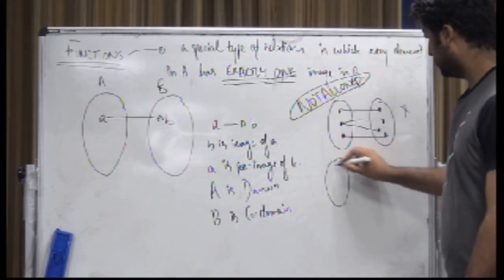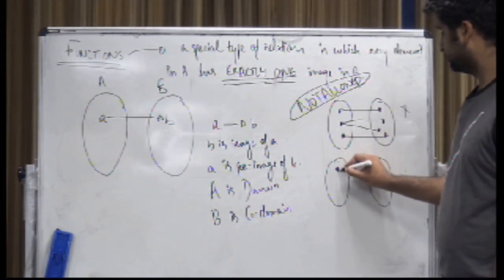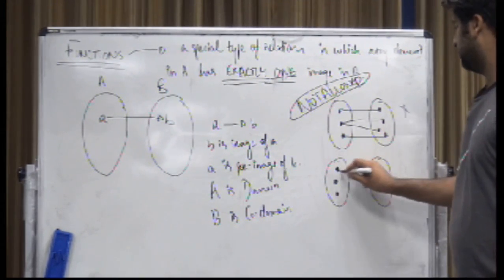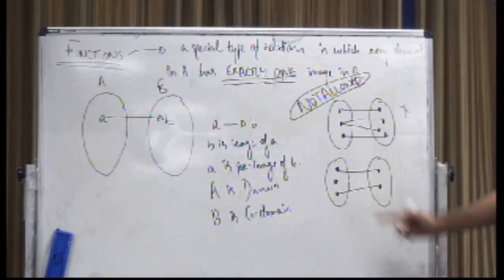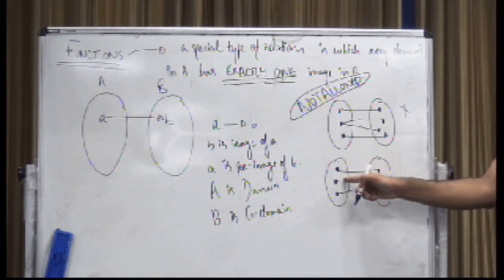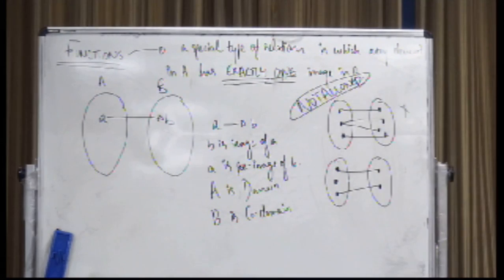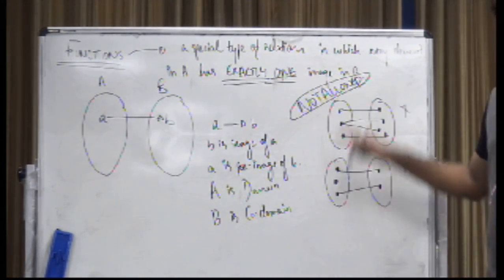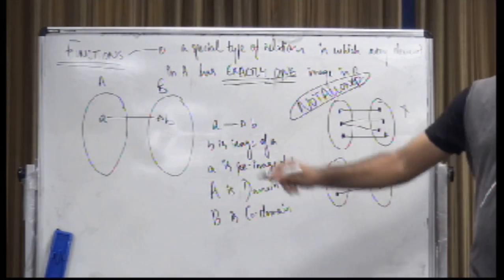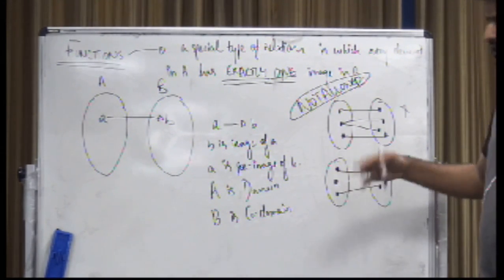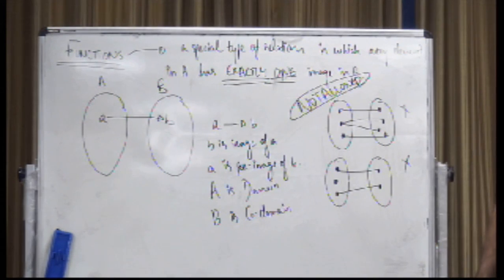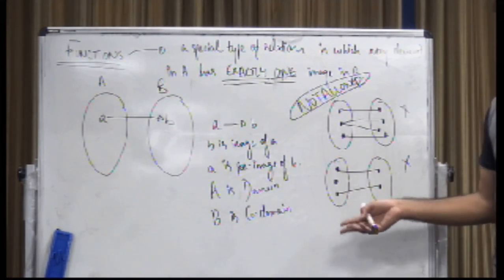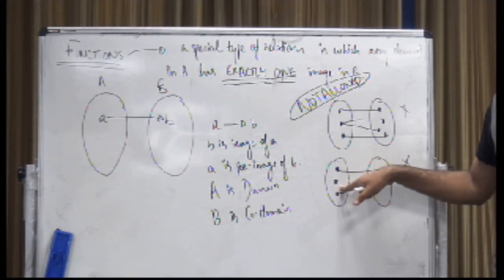Or if you have this thing, in this case one element has no image, but it should have exactly one image. So therefore this is not allowed. Each and every element of A should have exactly one image. So it cannot have more than one image or fewer than one image. So these are actually two conditions. It cannot have more than one image, and no element should be left out in the set A.